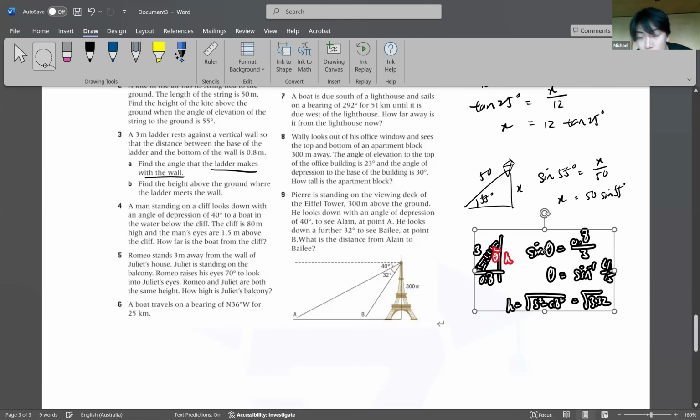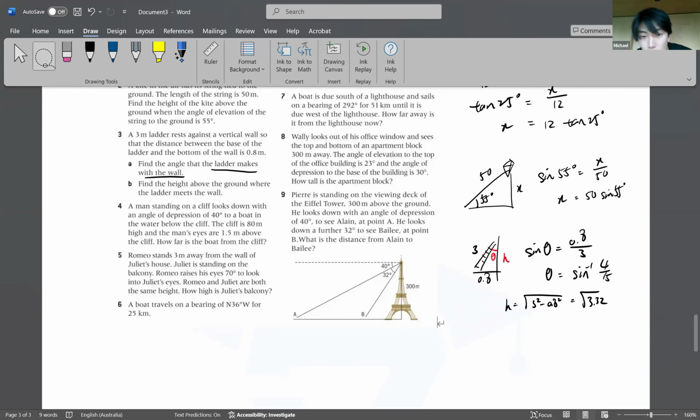All right. Question 4. Tan 40 equals 81.5 over d or d over x.